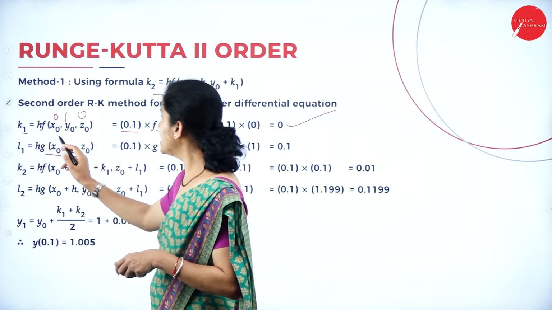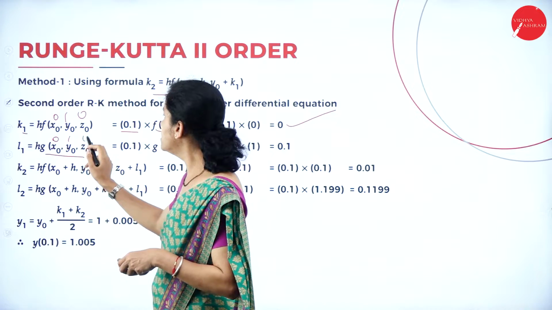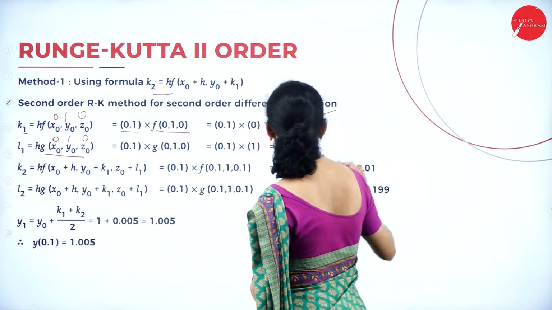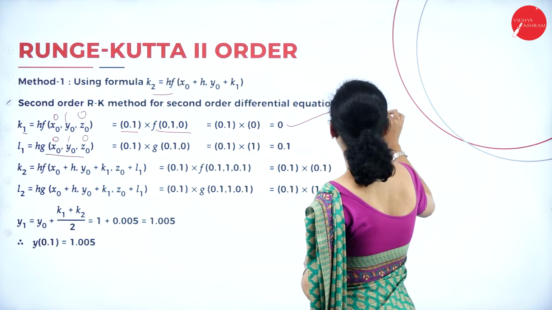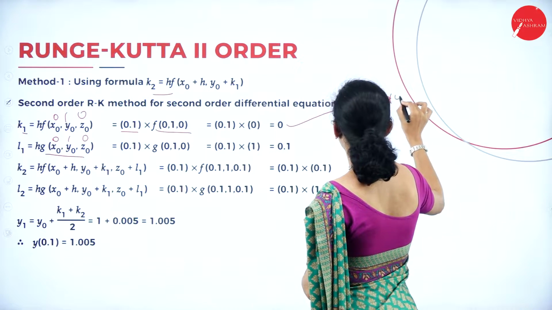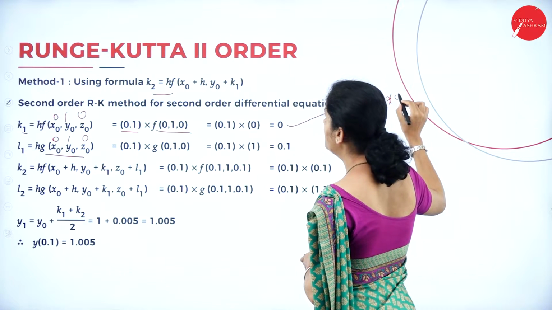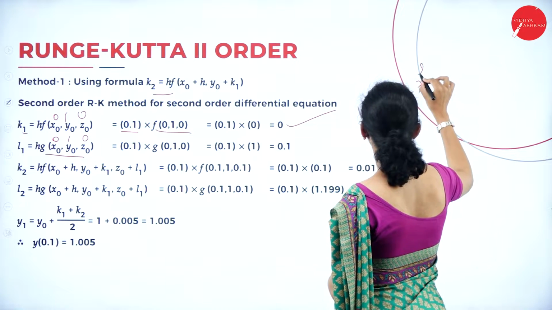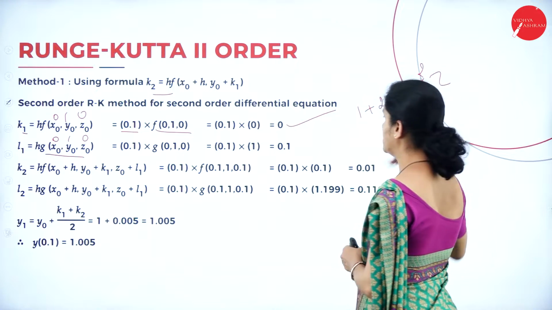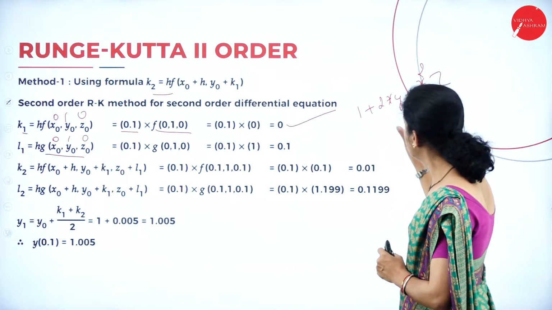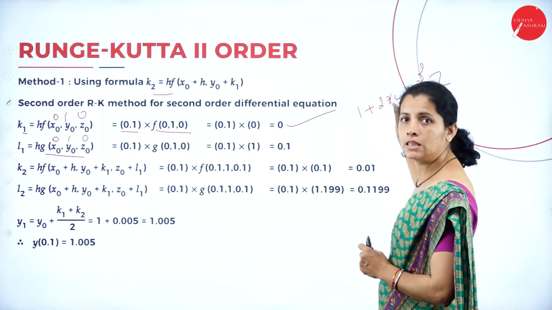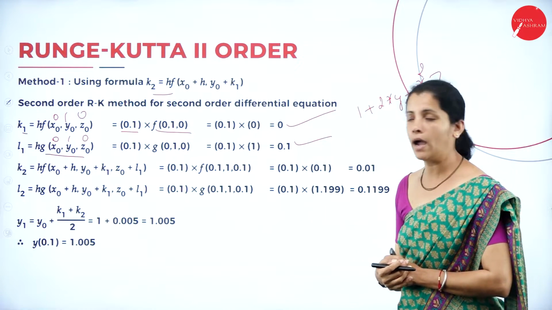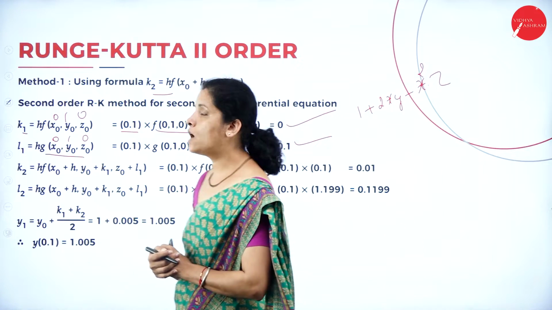So here once again 0, 1, 0, and I want to substitute these values in the equation. So what is the equation? 1 plus 2xy plus x square into z. When I substitute all the values in this equation, I'm going to get the answer 0.1.